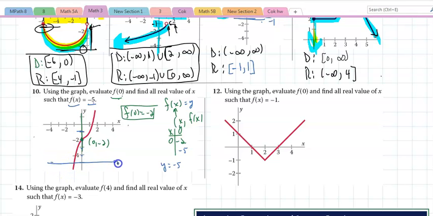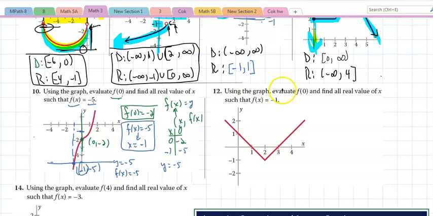If you draw y equal negative 5, which is f of x equal negative 5, isn't that point negative 1, negative 5? So wouldn't that be a negative 1? So if f of x equal negative 5, that's when x equal negative 1. That's the answer to the second part.